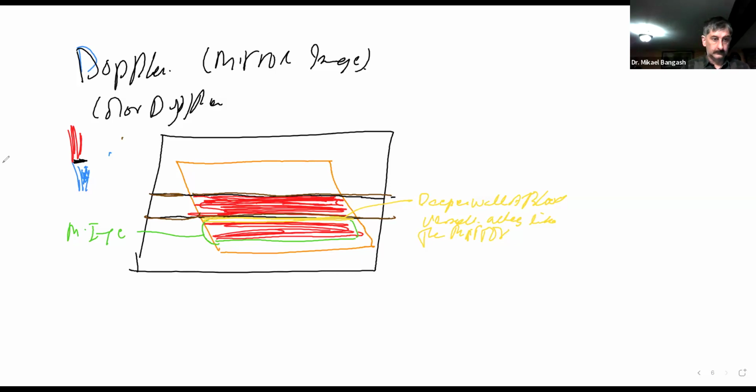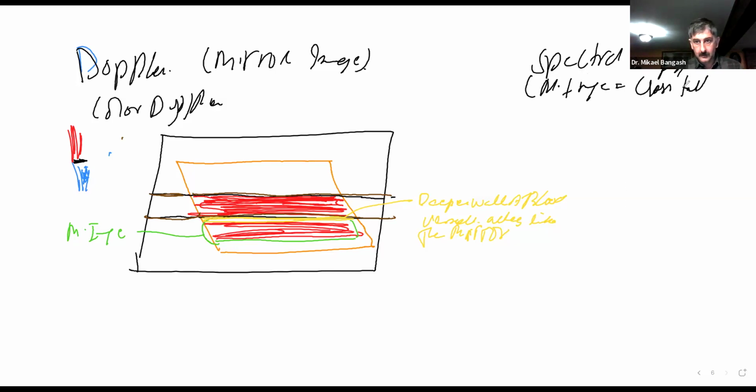Now, guys, in the spectral Doppler, what we here call mirror image will be referred to as crosstalk.